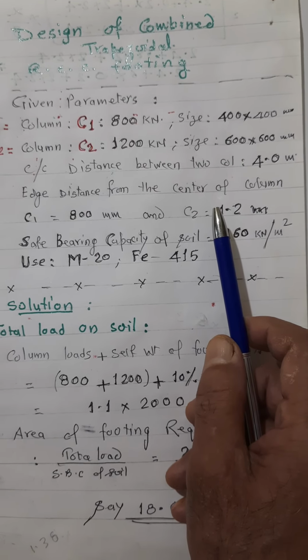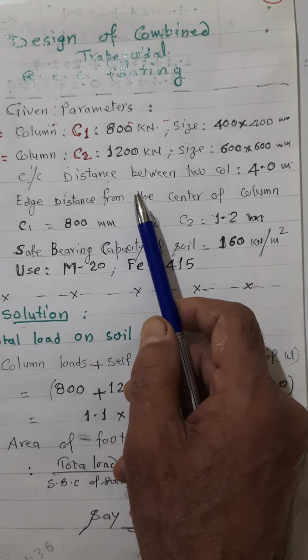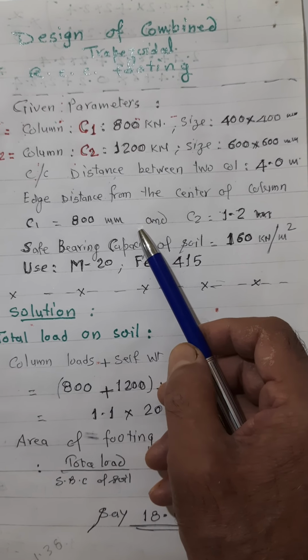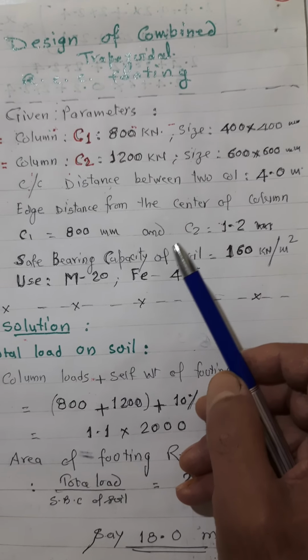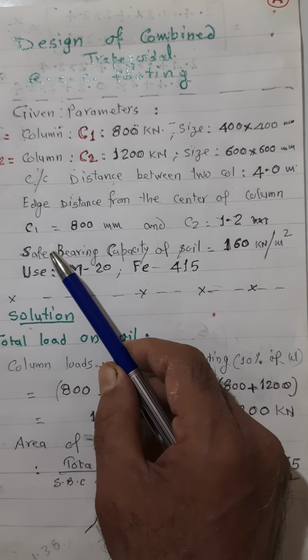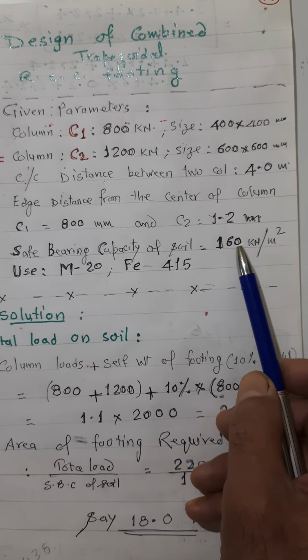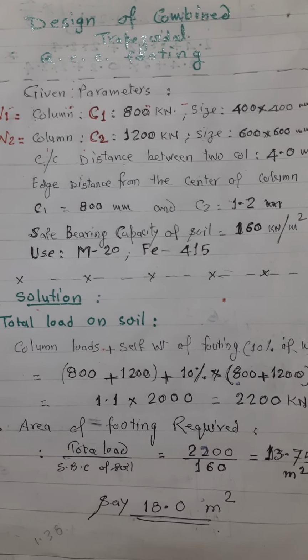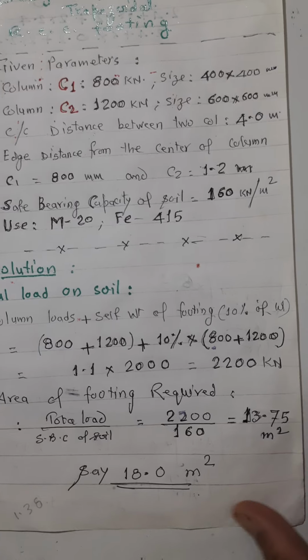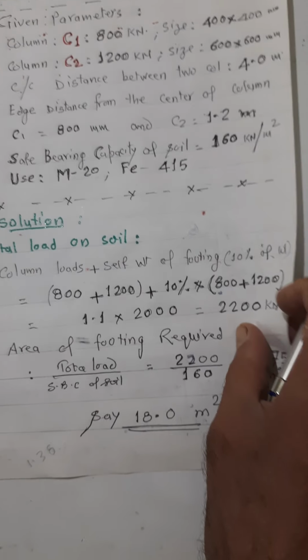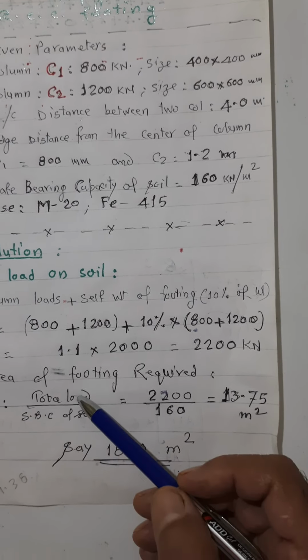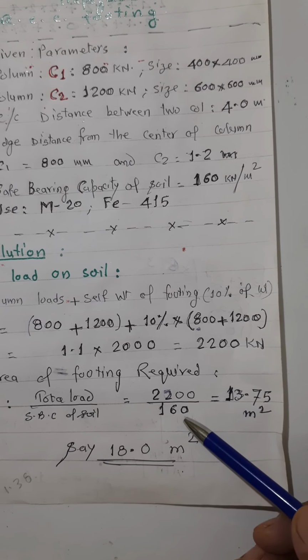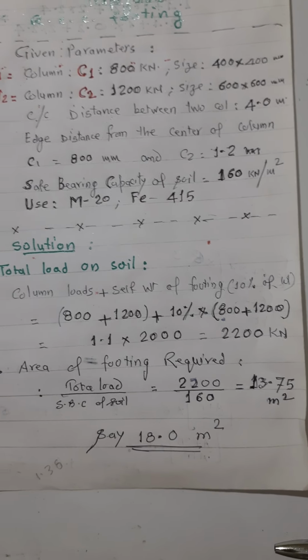Of course, I have not mentioned it at the time of explaining the parameters. Another important parameter is the safe bearing capacity of the soil, given as 160 kilonewton per meter square. So we calculate the area required by the total load of 2200 divided by the safe bearing capacity.